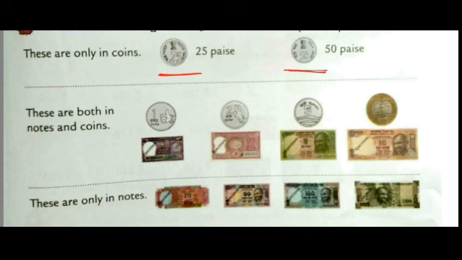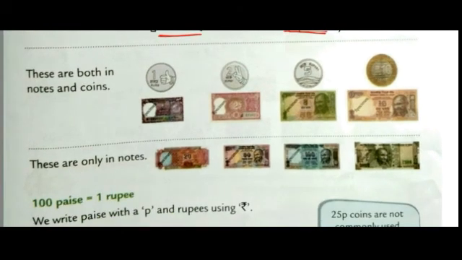A 5 rupee coin and a 5 rupee note have the same value. And a 10 rupee coin and a 10 rupee note also have the same value. Now, these are only in notes: 20 rupee note, 50 rupee note, 100 rupee note, 500 rupee note.